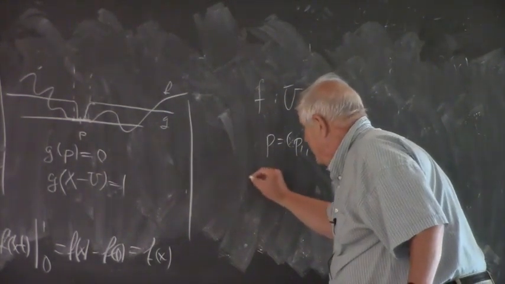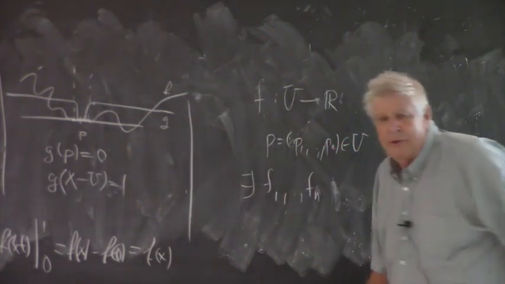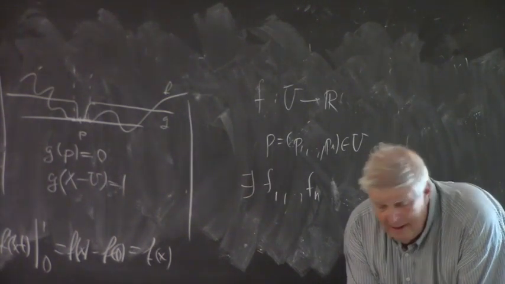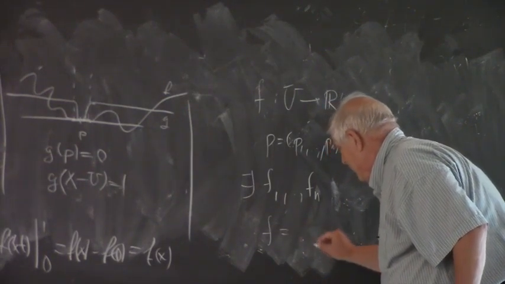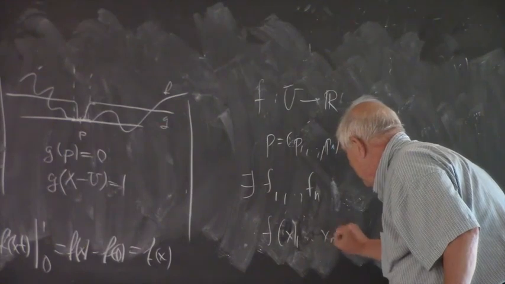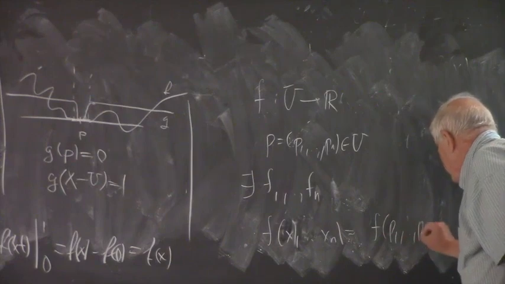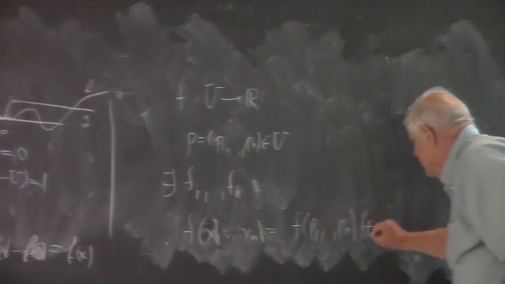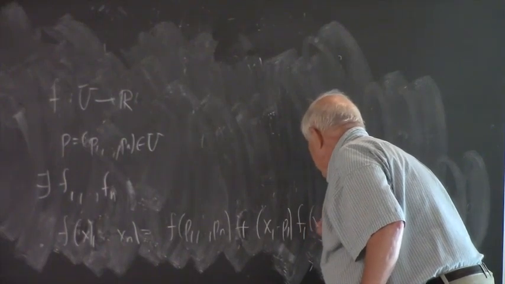Then I claim that there exist functions f1, ..., fn, again I don't write it, but I mean that they are given maybe in some smaller neighborhood of p, such that f of x, (x1, ..., xn), is equal to f of p plus the sum of (xi minus pi) fi of x.